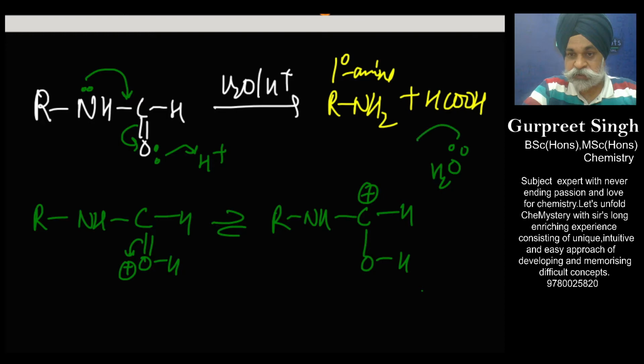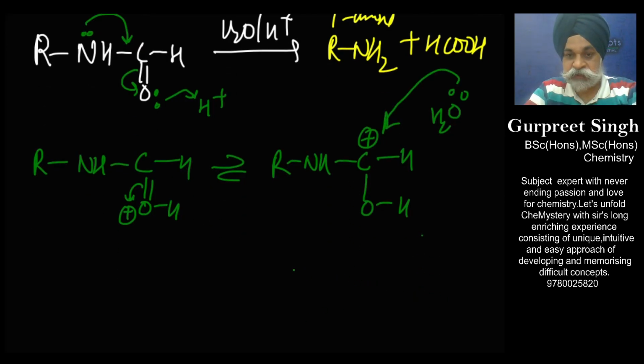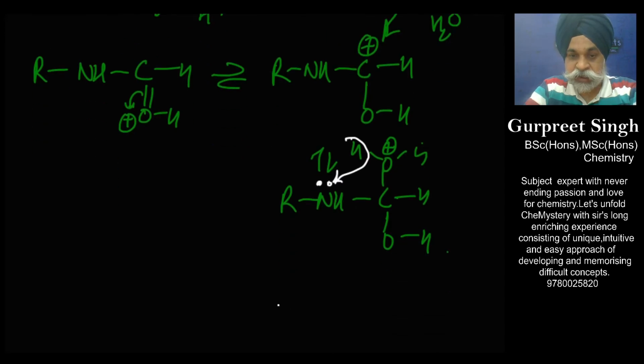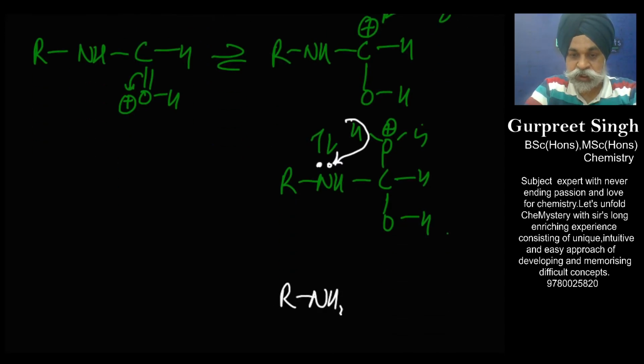This water is going to attack it, and as a consequence, this attack of water would result in the formation of NHCOH positive, and here you would get OH. Now the next step: because this has a lone pair, there is an intramolecular proton exchange, resulting in the formation of RNH2 positive along with OH, H, OH.